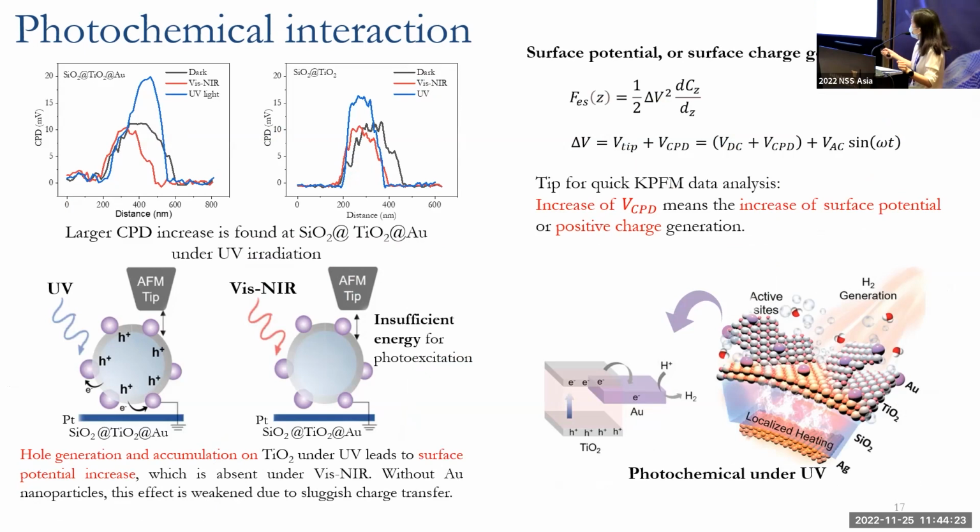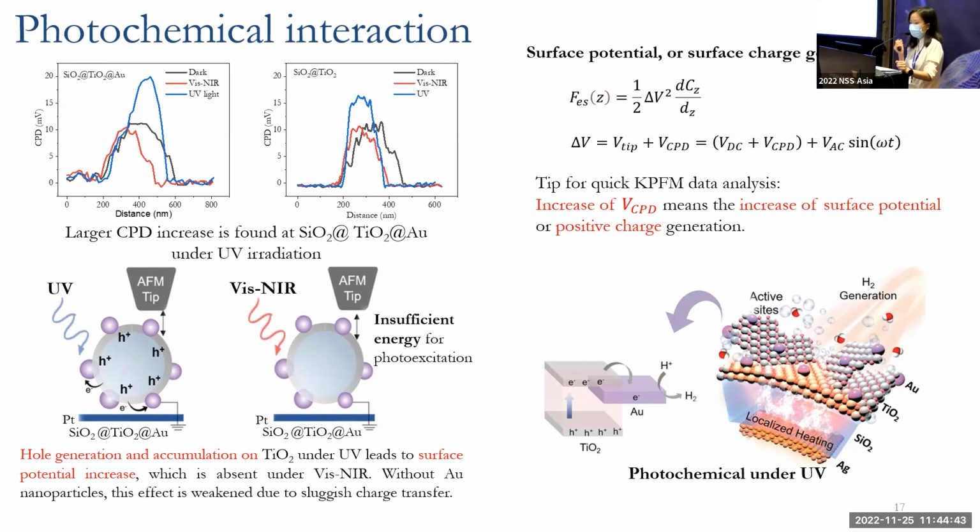Okay, we come to the particle itself. The UV light has sufficient energy to photo-excite the TiO2 to generate electrons and holes.